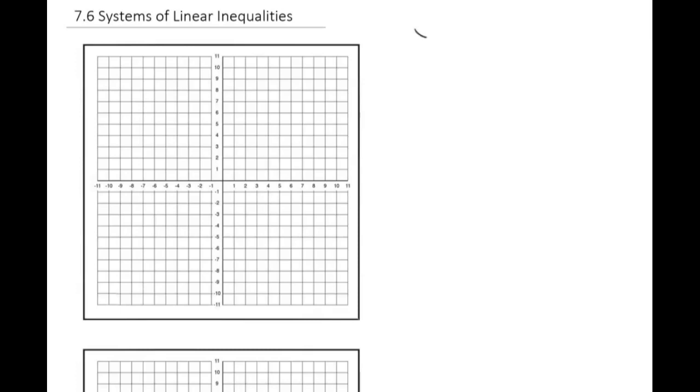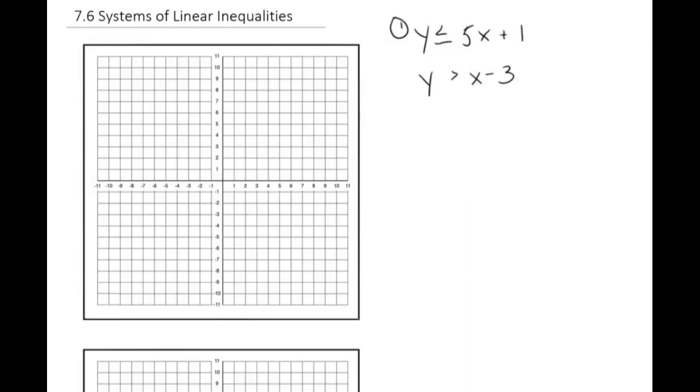What if we had the inequality y less than or equal to 5x plus 1 and the inequality y greater than x minus 3? Both of these are solved for y, which means starting my graphing process is easy and straightforward. Of course, I'll start with the top.